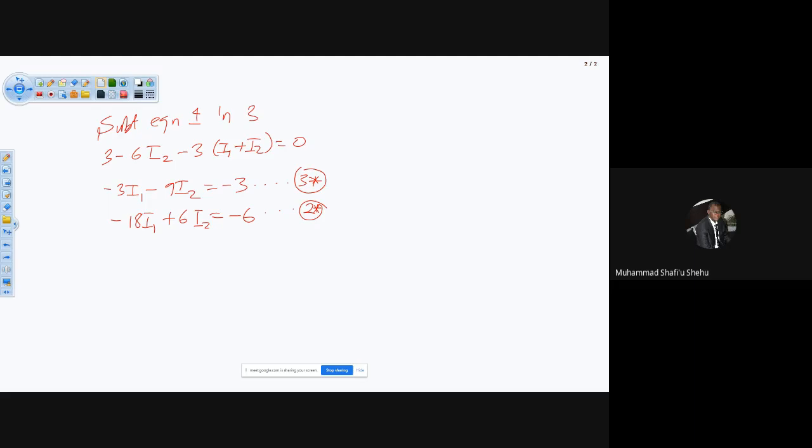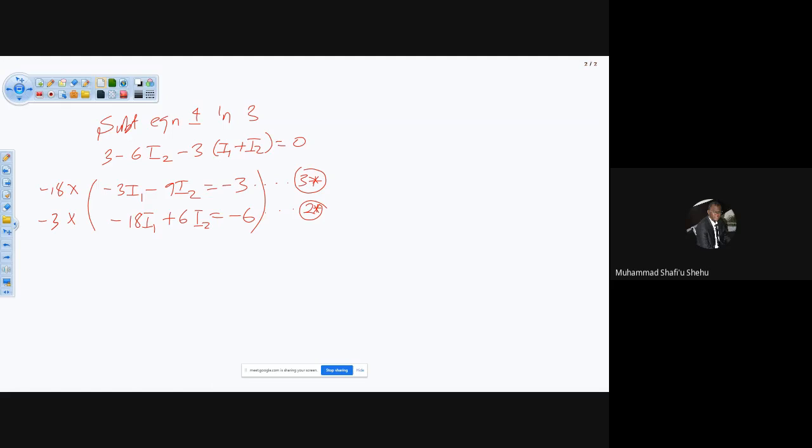So by elimination, I can say this equation will be multiplied. We can start by eliminating I1, using minus 18 and minus 3. And the new equation is going to be, we are eliminating I1, so we don't have I1 anymore.